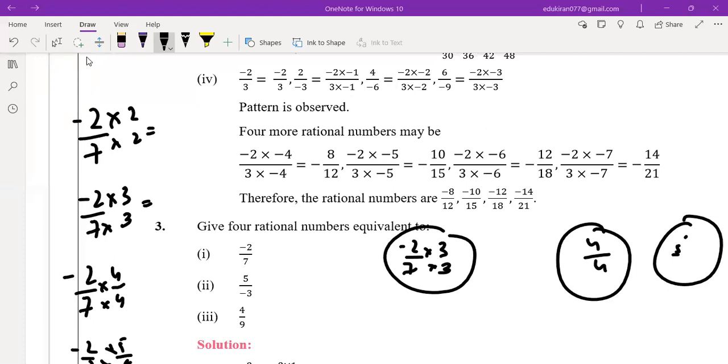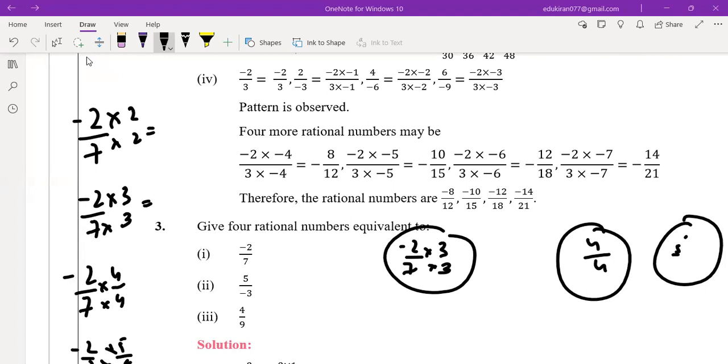Ma'am, if the denominator is having a minus sign, then can we write it in the numerator sign? Suppose it is 4 by -2. If I multiplied it with 2, then 4 twos are 8, 2 twos are 4, 8 by 4.